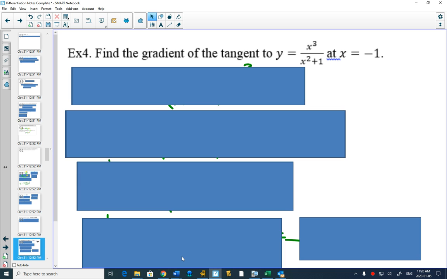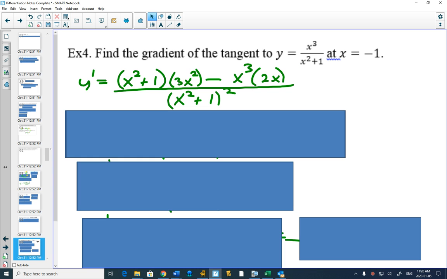That's what this question is asking. Find the slope of the tangent at x equals -1. So we find our derivative using our quotient rule. Keep the denominator the same, derivative of your numerator. Subtract, keep your numerator the same, derivative of your denominator over your denominator squared.